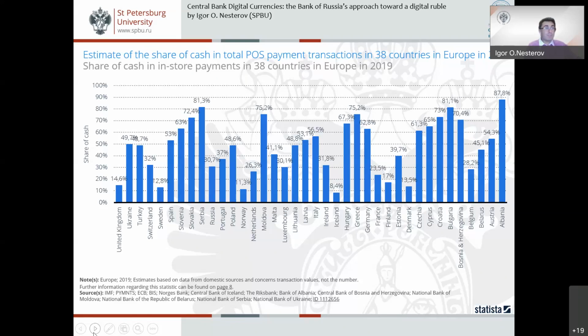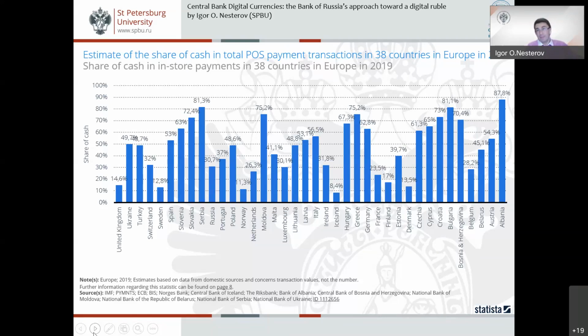In other words, the possibility of complete cash use disappearance implies that the general public will no longer have wide access to central bank money.